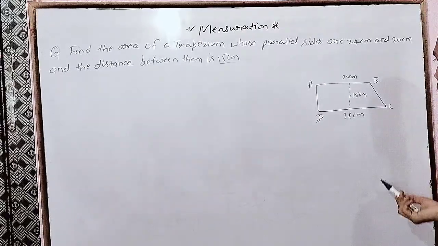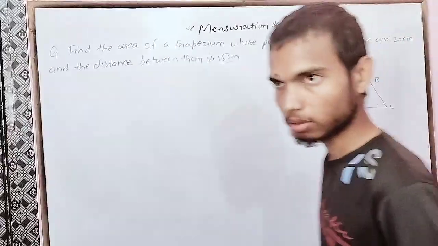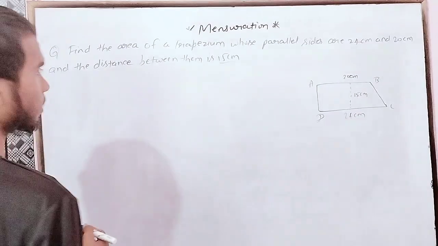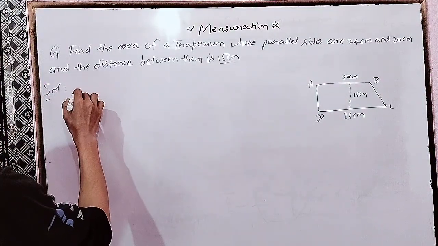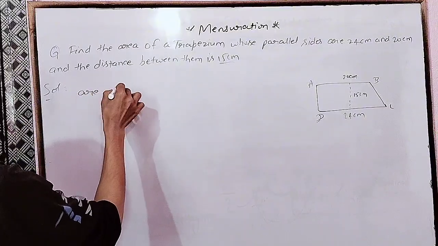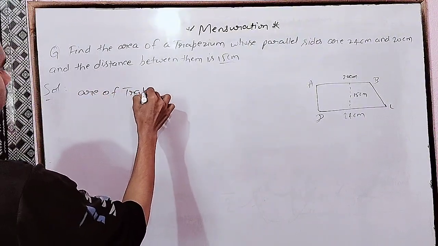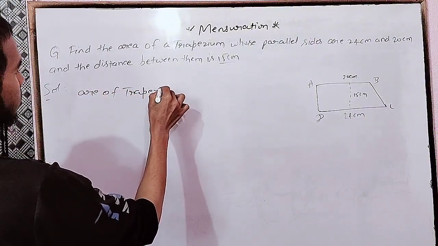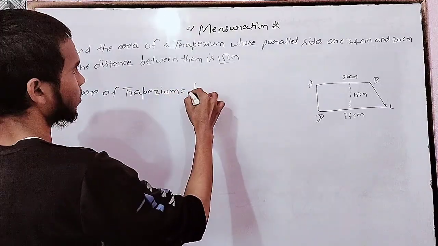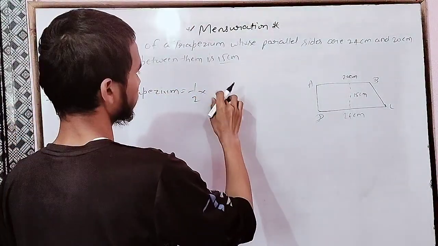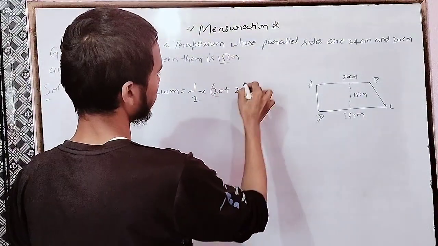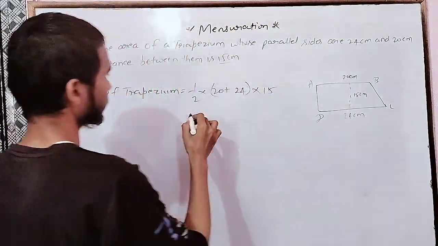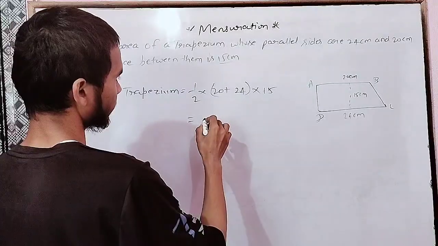Now the question is to find the area. We have enough information given by this question. The area of a trapezium is 1 upon 2 times the sum of parallels. We know they are 20 plus 24, multiplied by 15.